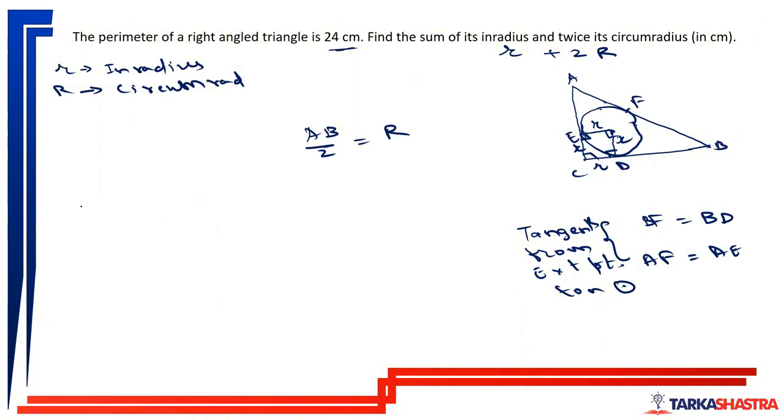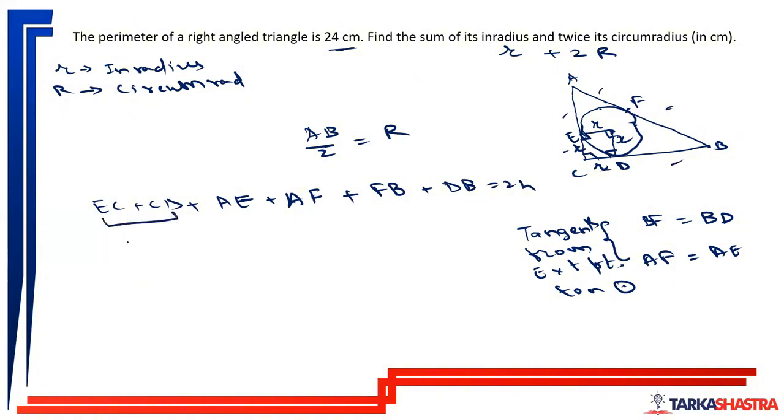Now, if I look at the perimeter, it will be EC plus CD, then AE plus AF plus FB plus DB equal to 24. All of this is nothing but the perimeter.